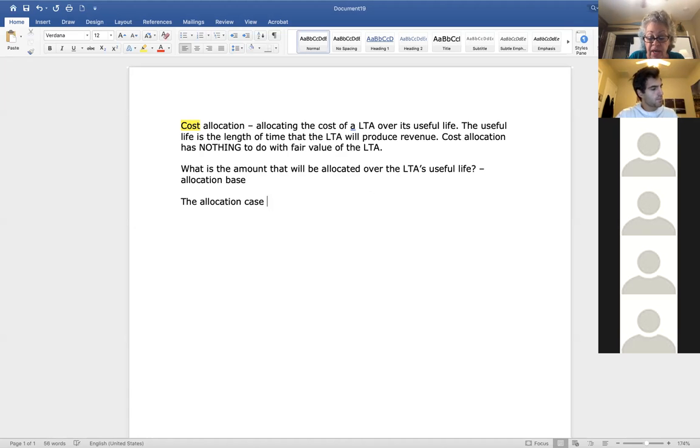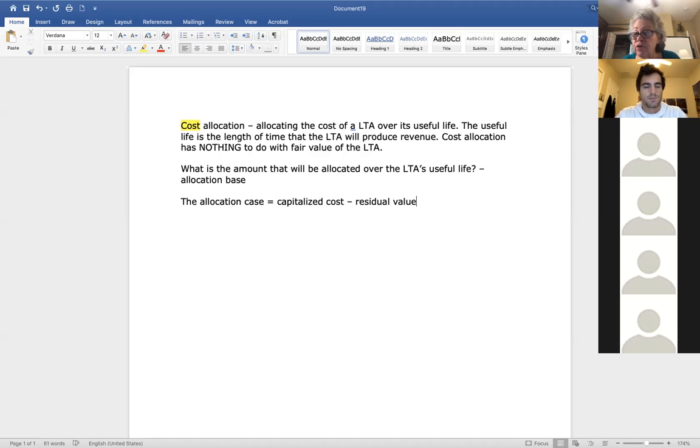The allocation base is equal to the capitalized cost minus the residual value. So your allocation base is equal to your capitalized cost minus your residual value.